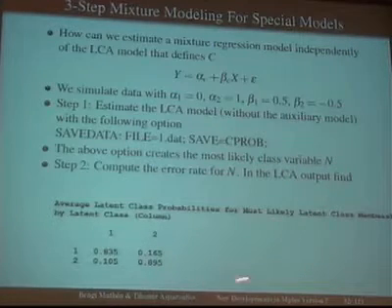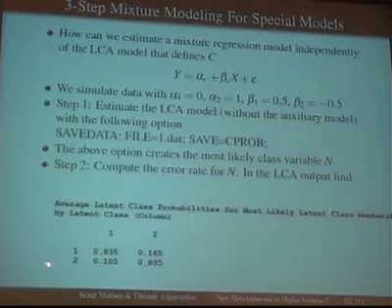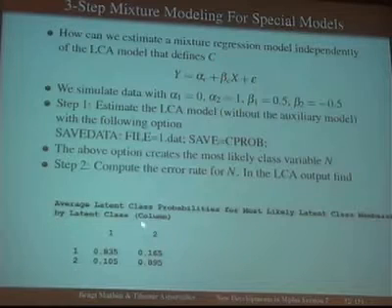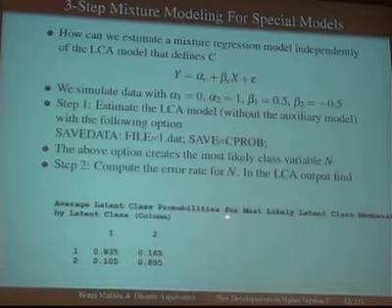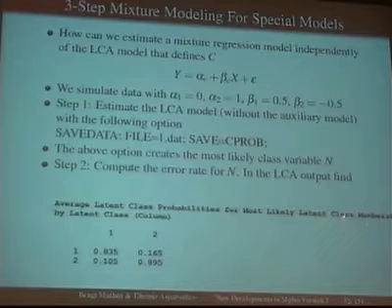And the error can be found in this table. That's another table that is always produced by Mplus, and you can find it in this section, average latent class probabilities for most likely class membership by latent class.